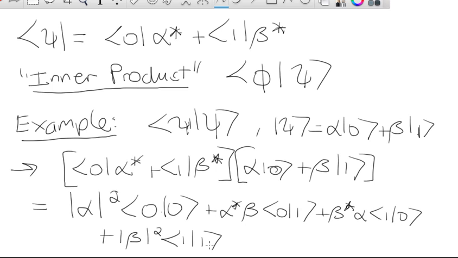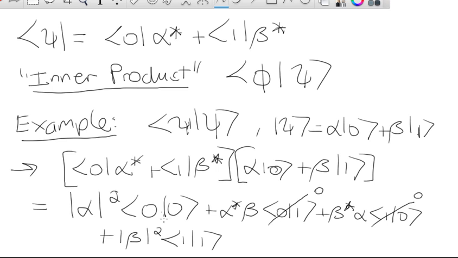Now this is where things become interesting. We assume, quite rightly, that ket 0 and ket 1 form a basis for our state, and that it's normalized. What that means is that these are orthogonal. All the basis elements are orthogonal to each other. So whenever we see things that are not the same here, we get rid of them. So this goes.